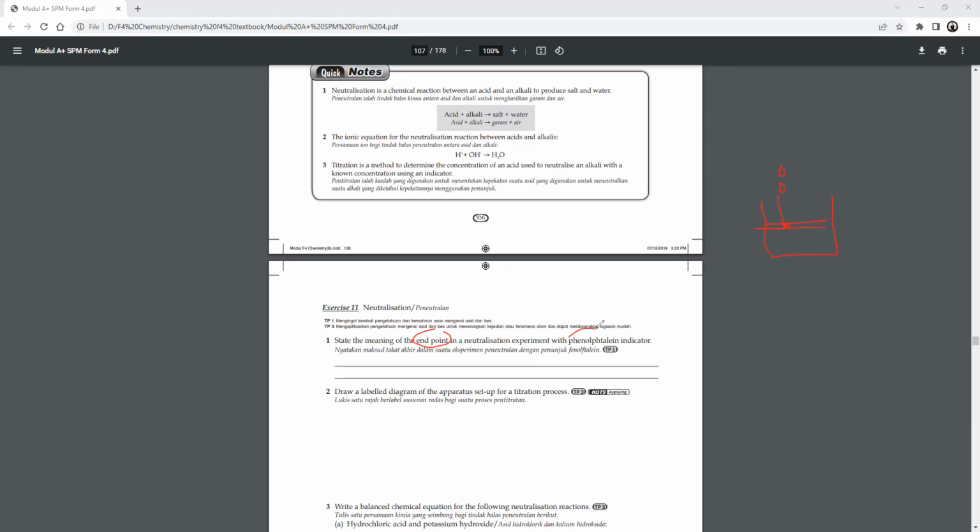Because you have added phenolphthalein. So what is the meaning? The volume of acid needed to change the pink color of phenolphthalein.